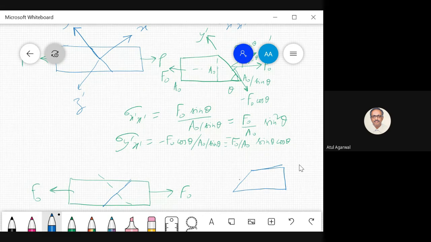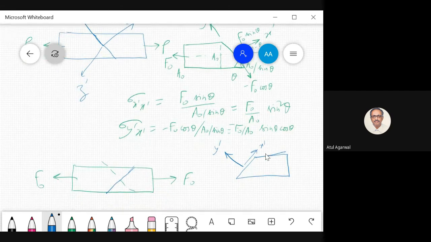So now this is my y prime direction. This is my x prime direction. So I have found a plane whose normal direction is pointing in the y prime direction. And this was my external force F naught. Now here the internal force has to be F naught in order to equilibrate. This plane was making an angle theta.